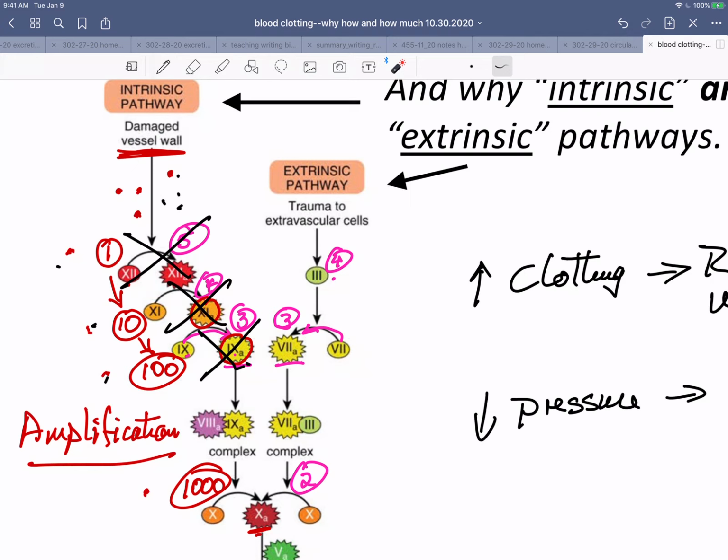That result then would be that you'd get clotting that is starting faster in that location to help repair the damage. Now, the extrinsic pathway happens because of trauma damage to cells outside of the circulatory system. So imagine a cut that both cuts a vessel wall and damages cells nearby.